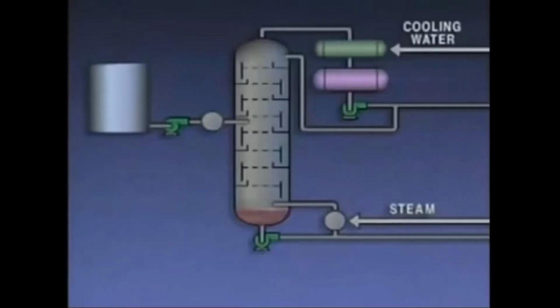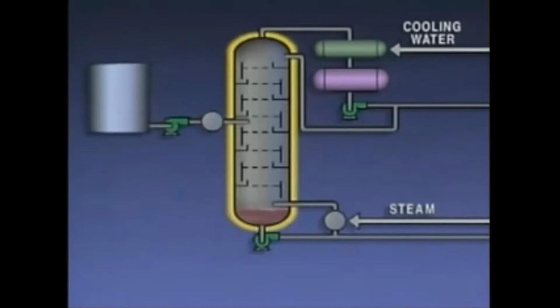Let's take a look at a simplified representation of a distillation system. In this example, the feed is stored in a tank. During operation, a pump is used to move the feed from the tank to a preheater. In the preheater, the mixture is heated under pressure to just below its boiling point. The pressure in the tower is lower than the pressure in the preheater.